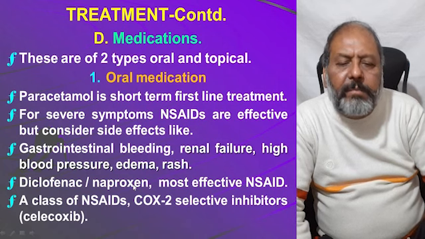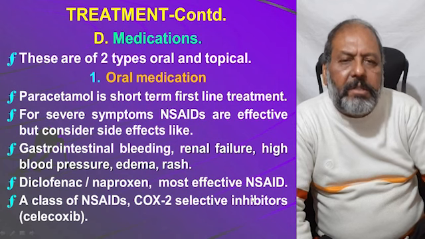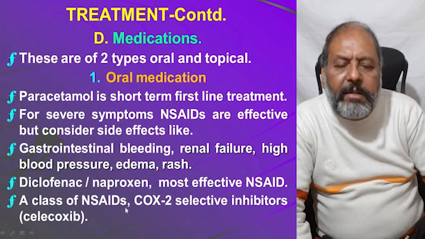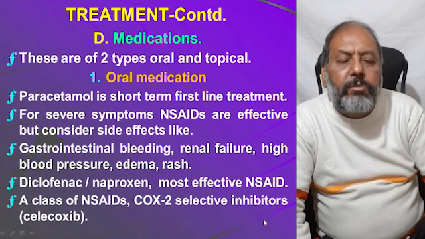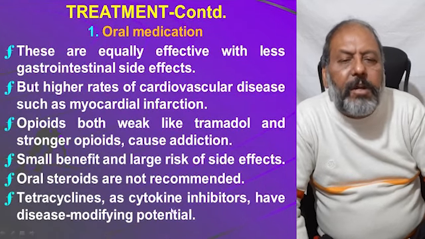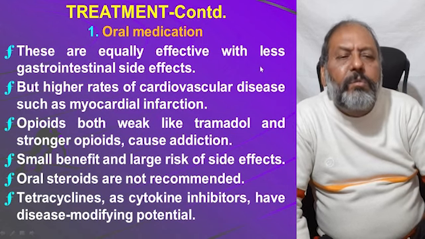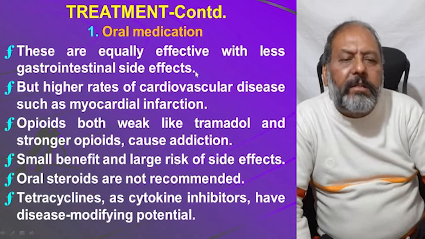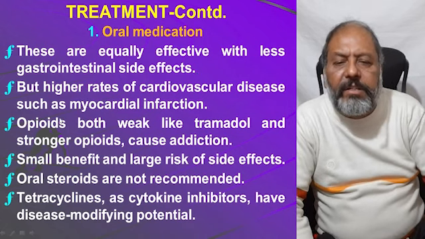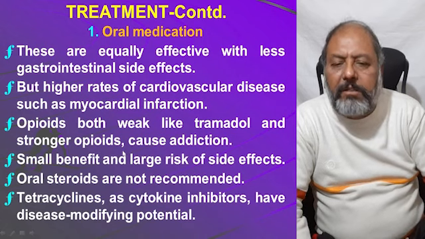Diclofenac sodium and naproxen sodium are the most effective NSAIDs being used. There is a class of NSAIDs called COX-2 selective inhibitors, which includes celecoxib-like drugs. These are equally effective with less gastrointestinal side effects, but COX-2 inhibitors have high rates of cardiovascular disease and are sometimes responsible for causing myocardial infarction.